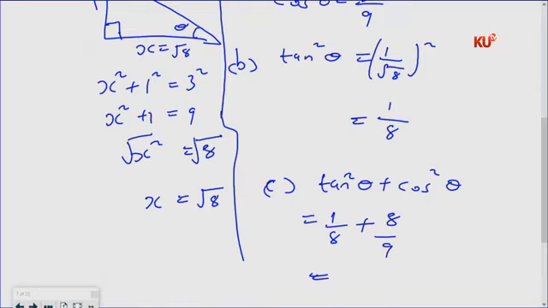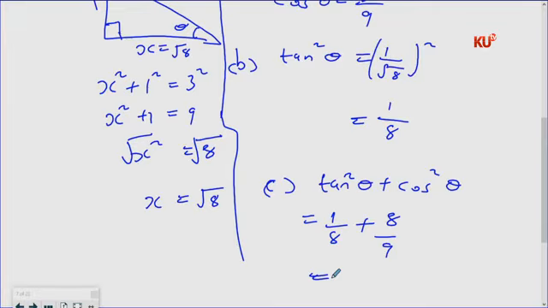So you only need to add these, and as I always tell my students, in math don't do guesswork. If you don't know, just use your calculator, as I also have mine. 1 over 8 plus 8 over 9.